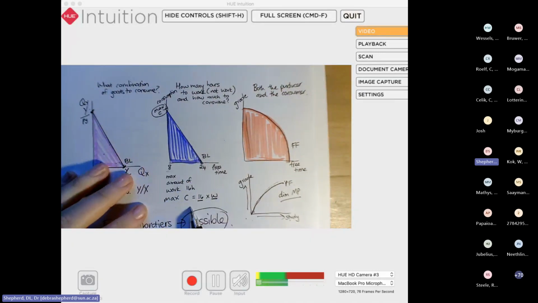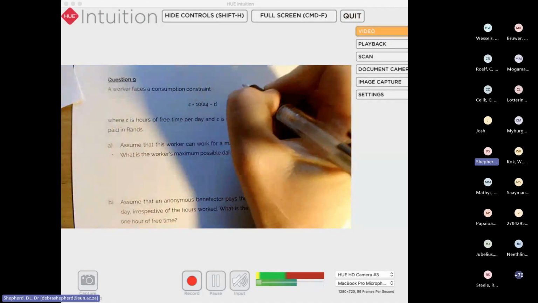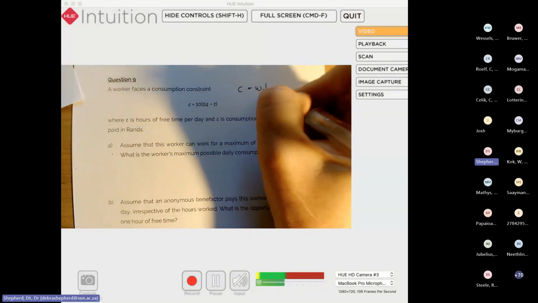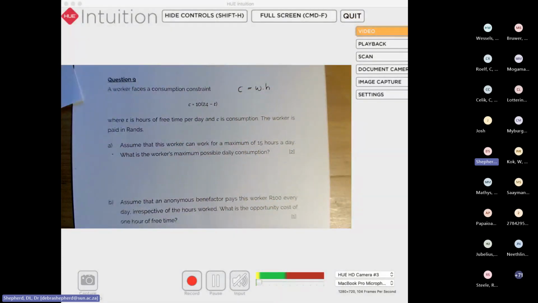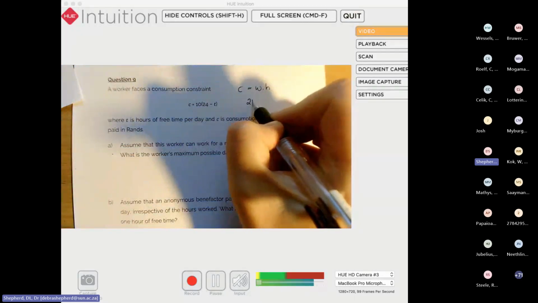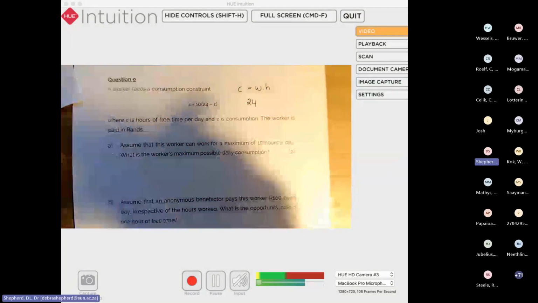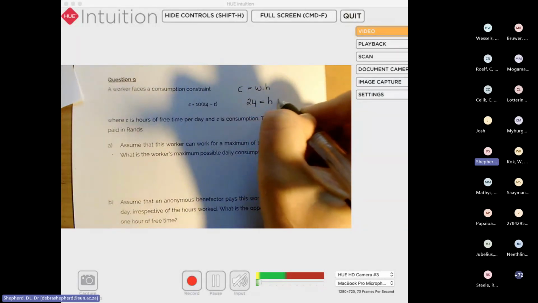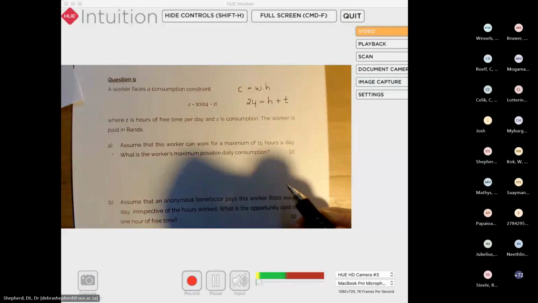So what I said earlier is that consumption at most will be however many hours you work times the wage rate that you can earn. Okay, so we would say that your consumption would be your wage rate times your hours of work. How many hours do you have in a day? You have 24 hours in a day. And according to this theory, you can split that time between work and free time.